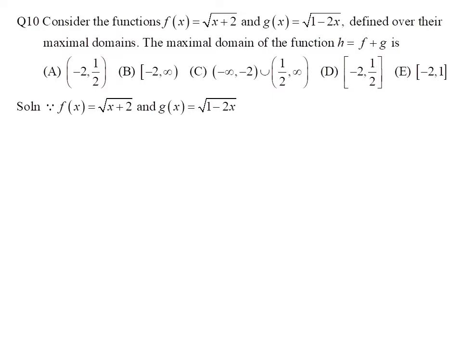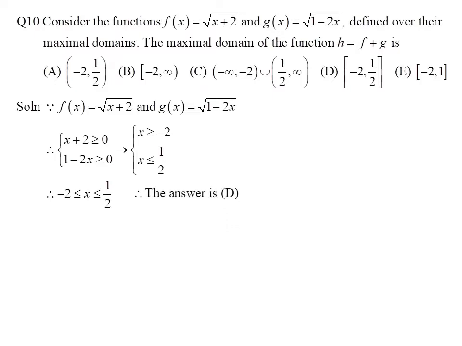According to the rules of f of x and g of x, two inequalities must be satisfied. x plus 2 is greater than or equal to 0, and 1 minus 2x is also greater than or equal to 0. Solving the two inequalities and finding their overlapping value range, we find the domain: x is greater than or equal to -2 but less than or equal to half. So the correct answer for question 10 is D.